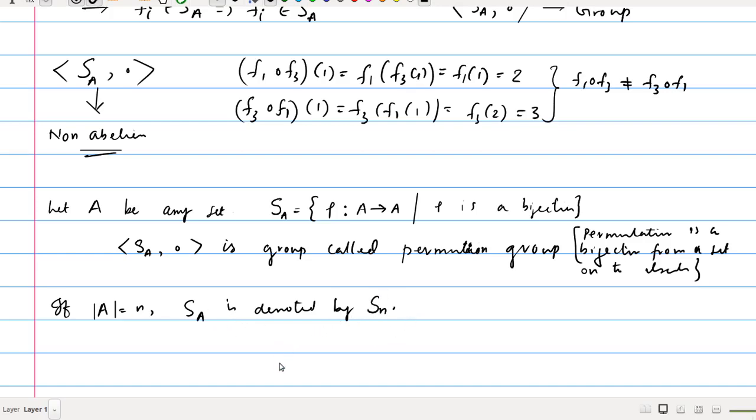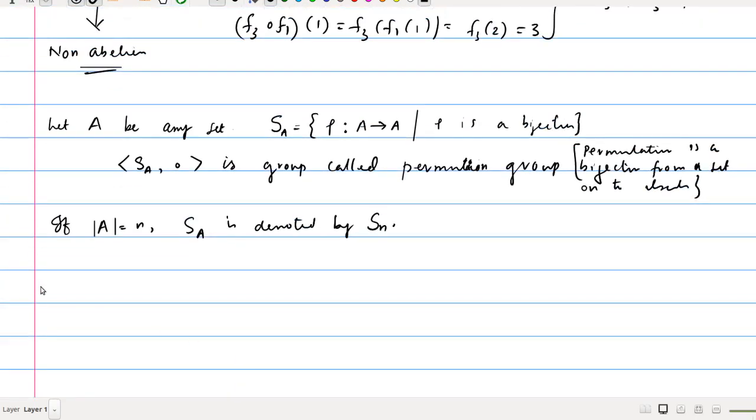So if A consists of only one element, then what is SA? Then there is only one one-to-one onto function from A to itself. So that consists of one element, and this is the only such function.